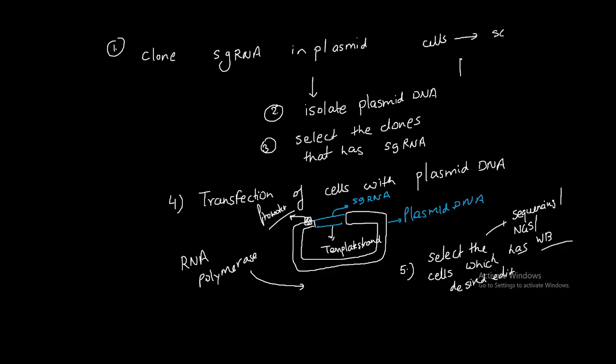Suppose this is your 96 well plate, you do the serial dilution, and in the last well you might have only a single cell. Now you isolate the DNA from this cell and do the sequencing, or you can even put this cell in the 96 well plate again so that it grows.